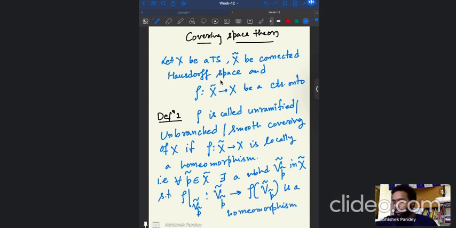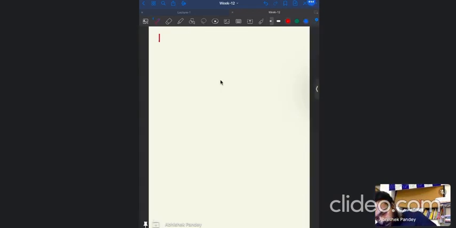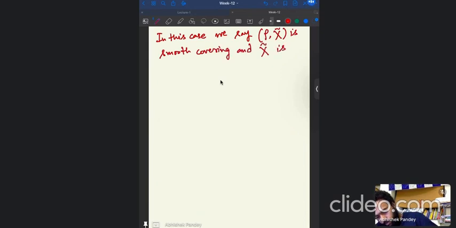Okay, so such a thing is known as unramified covering, and in this case, jointly we say that this is a smooth covering, and X tilde is a smooth covering space of X. Okay.